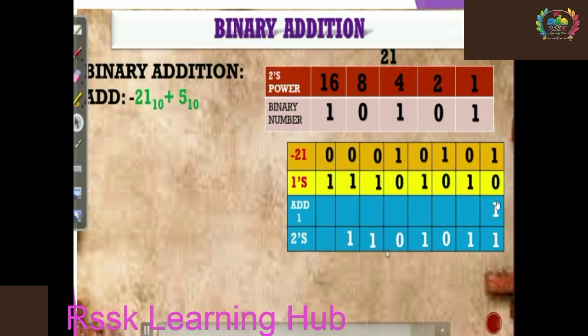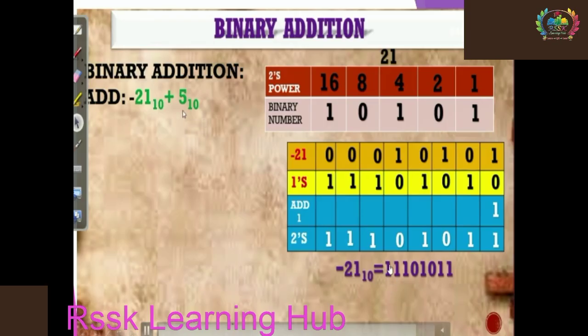You are just copying the value, only adding this 1 at the LSB. So the final answer will be 11101011, and the indication is minus.